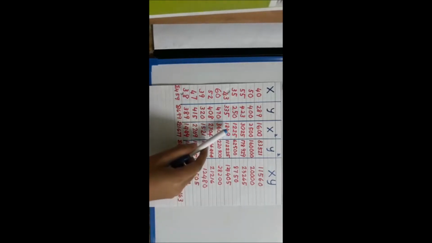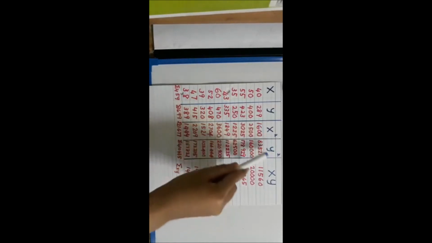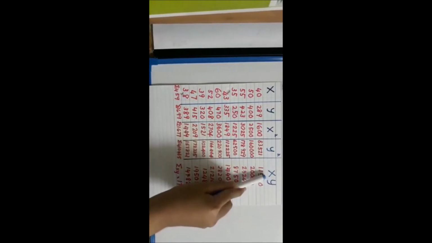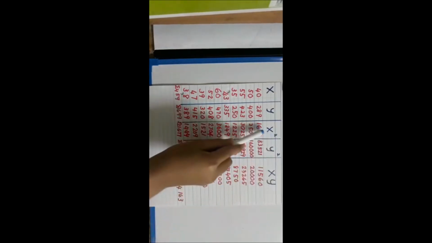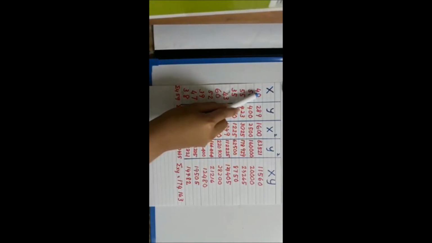Alright, so to find the equation of the line of best fit, firstly we need to construct a table consisting of an x squared column, a y squared column and an xy column. To find the value of x squared, we need to substitute the value of x.